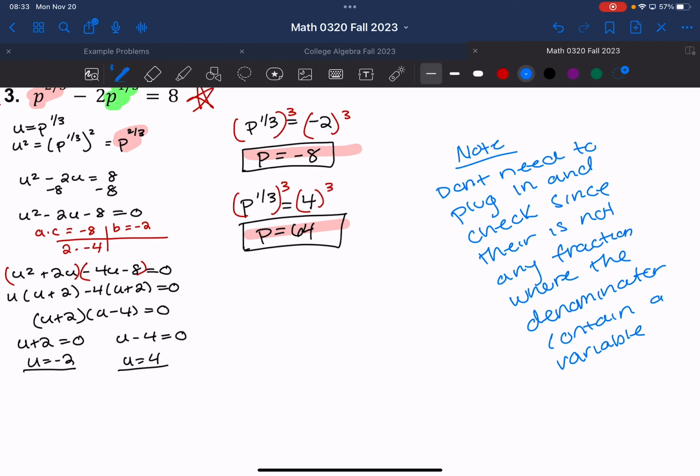So you would be looking for a fraction that would be like 1/x. Since that variable is in the denominator, you would have to check to make sure it would not make the denominator 0. x cannot be 0.